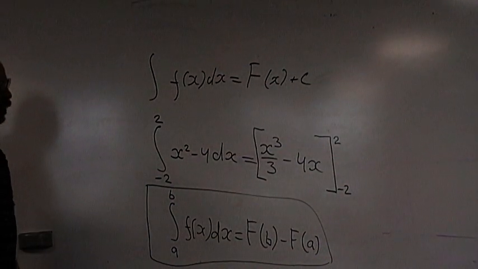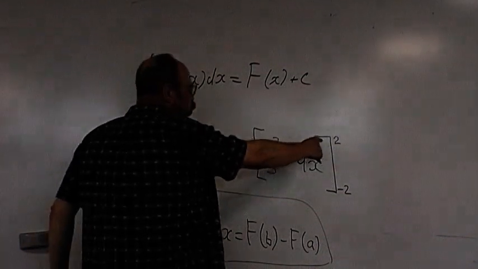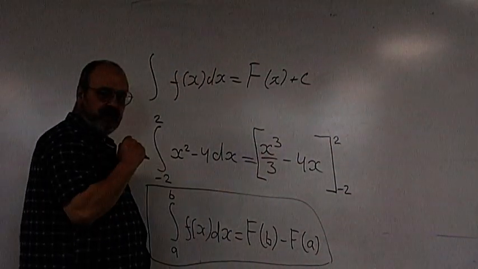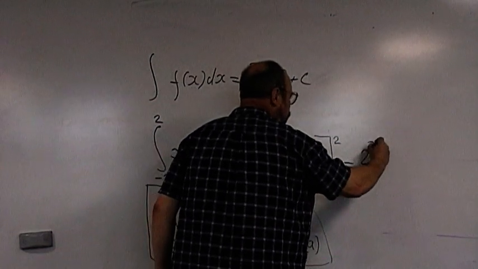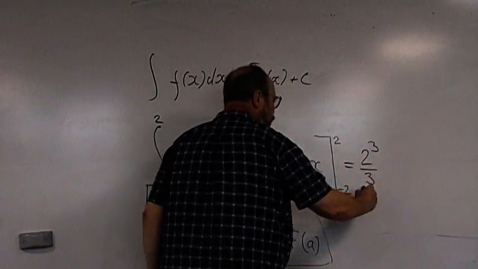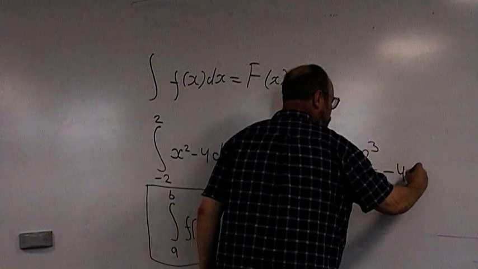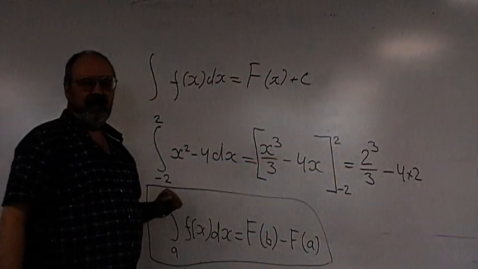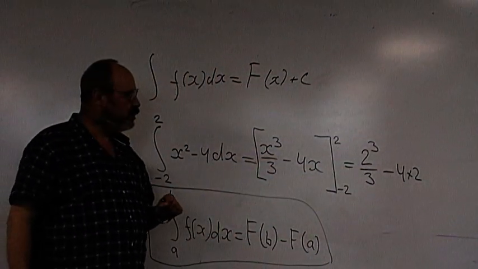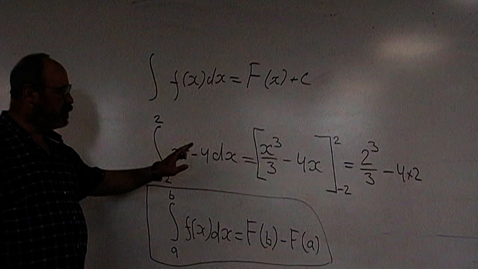Then we substitute 2 instead of x, so it will equal 2 cubed over 3 minus 4 times 2. So that is the value of the antiderivative function at x equals 2.